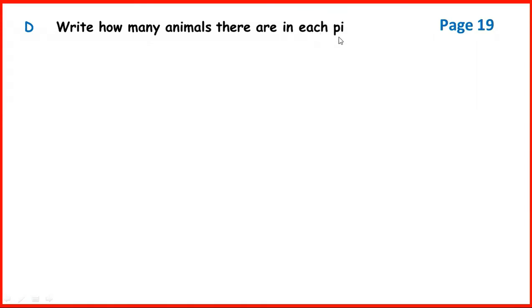Okay, now we will do next question, question D. First we read this question. Write how many animals there are in each picture below. Yes, now here some pictures have been given.